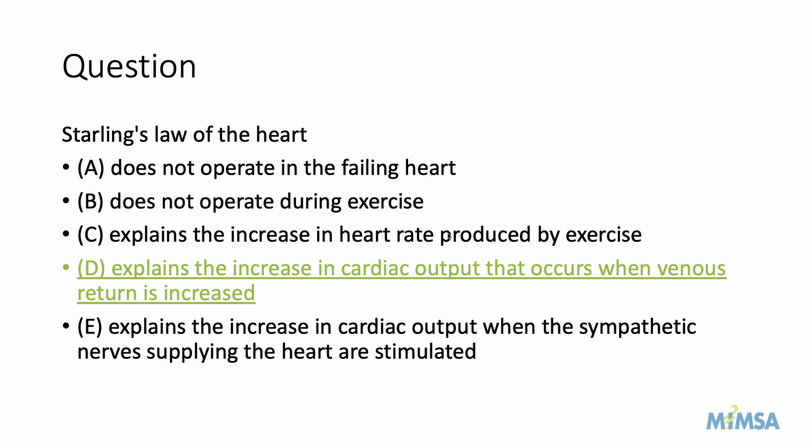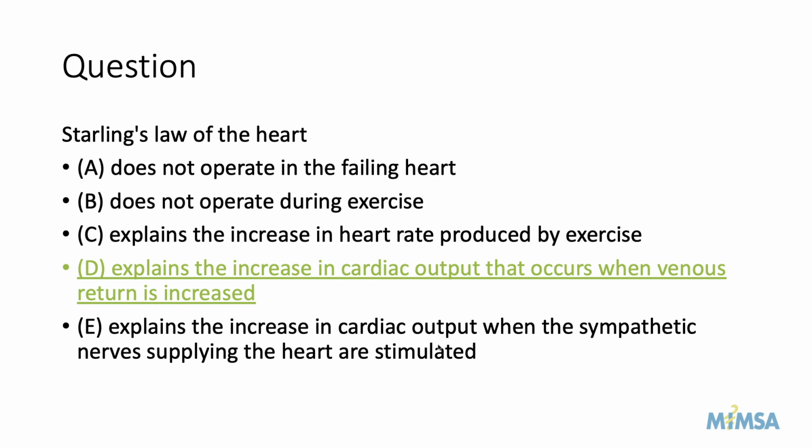C, explains the increase in heart rate produced by exercise. Starling's law has nothing to do with heart rate, because the heart rate is primarily affected by the sympathetic nervous system. D, explains the increase in cardiac output that occurs when venous return is increased. This is what I've been talking about when I explained Starling's law, that small changes in the venous return is primarily what Starling's law is for, meaning that if there's an increase in venous return, the contractility is matched to that.